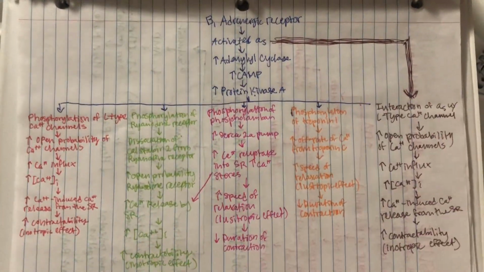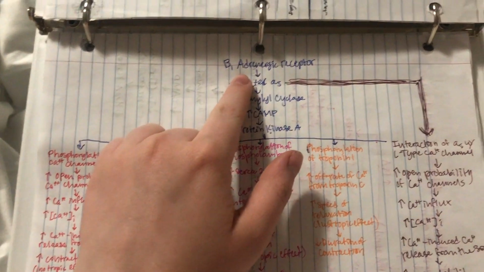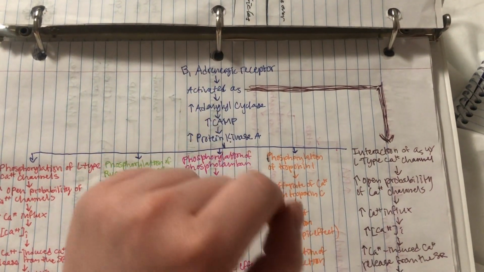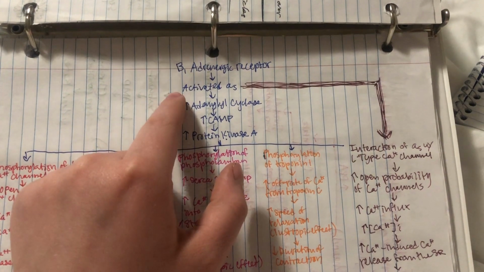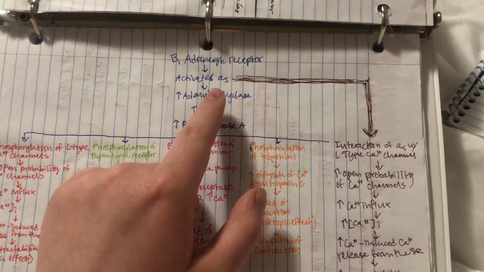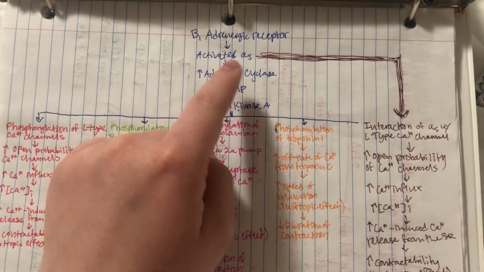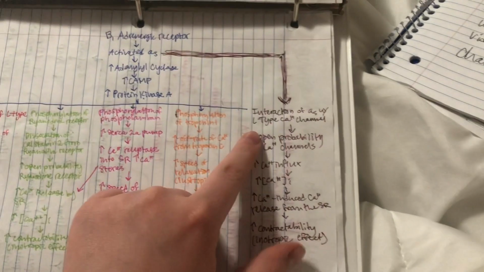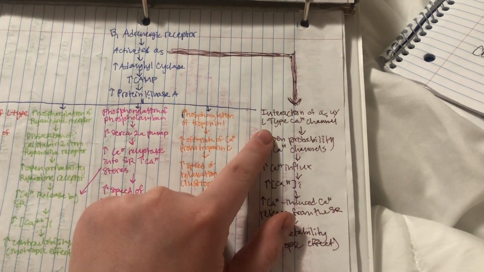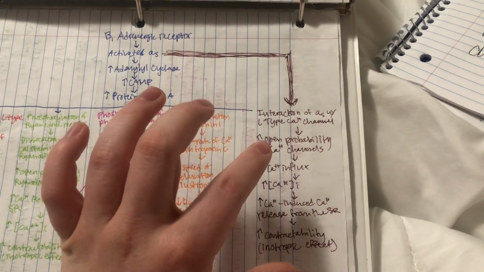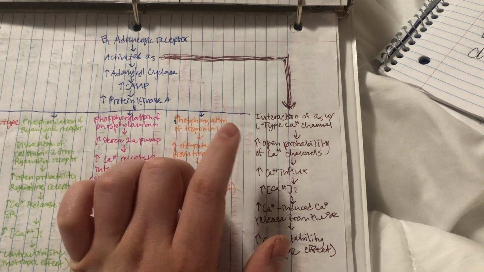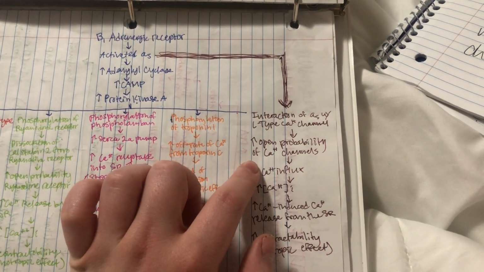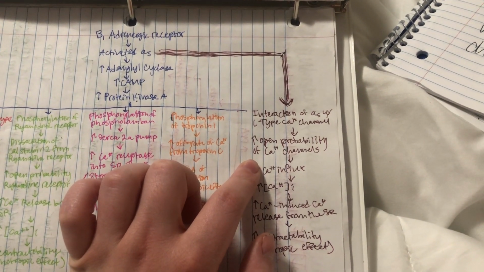So we start out with stimulating the beta-1 adrenergic receptor, and this in turn activates the alpha subunit. Okay, so this then has two pathways, so we're going to follow this one over here. The interaction of the alpha subunit with the L-type calcium channels then stimulates the opening of calcium channels.